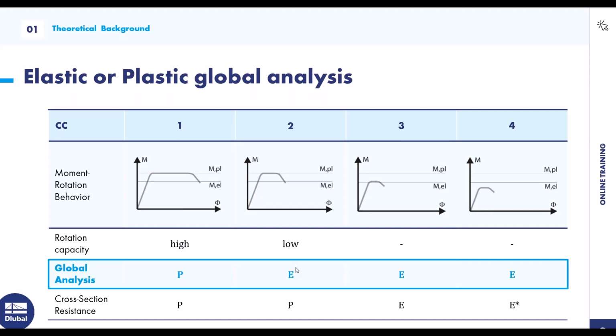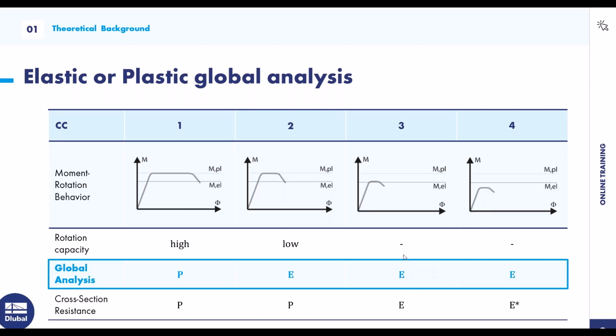Cross-section class 2, where there is a low rotation capacity, allows an elastic structure calculation. And as with cross-section class 1, the cross-sectional resistance can also be applied plastically. So the first and the second cross-section classes are the ones where you can consider a plastic cross-section resistance.